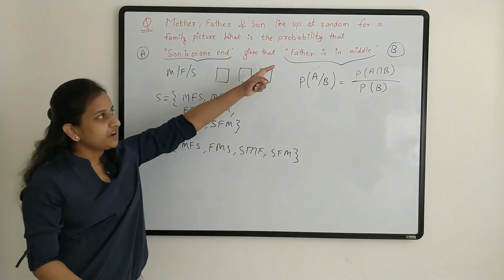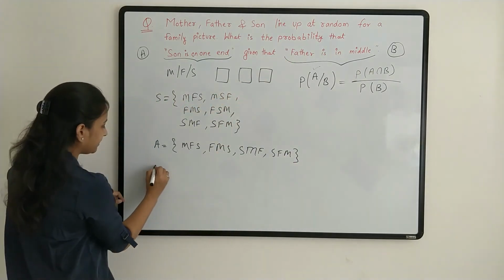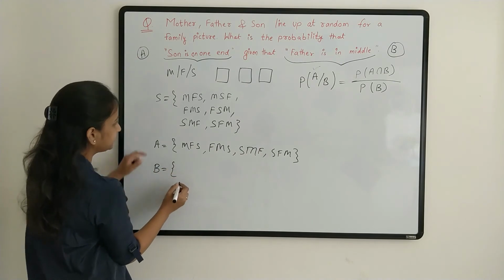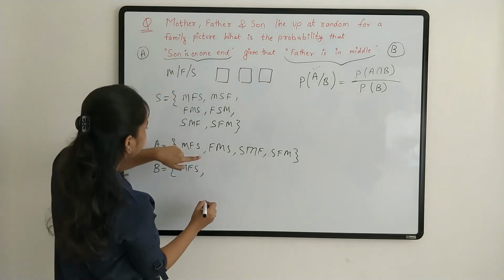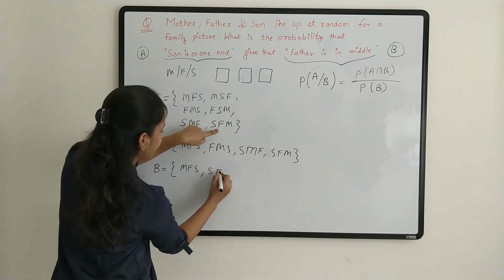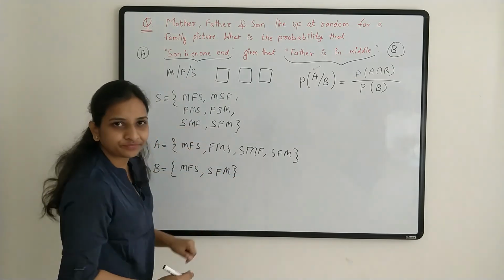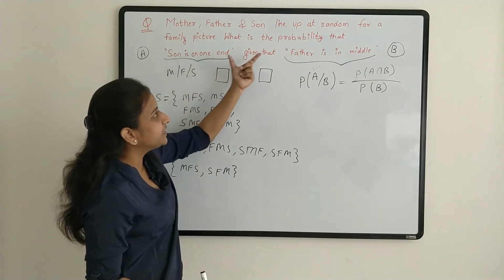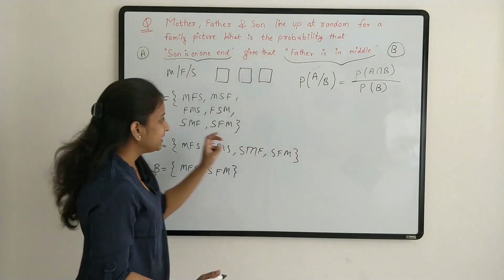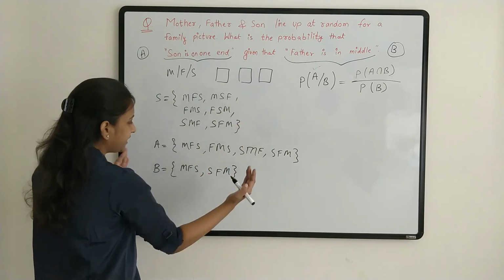Now event B. Father is in the middle. Event B is father is in the middle means this MFS and this SFM. That's it. See, indirectly what is it saying? Probability of event A given that event B has happened. Means our sample space is reduced to this.